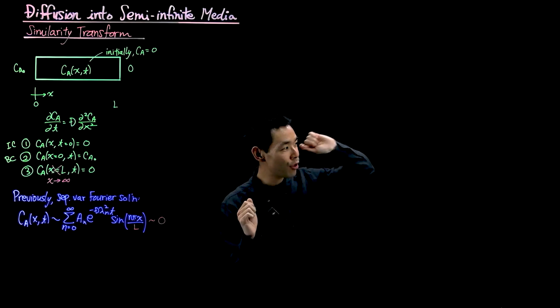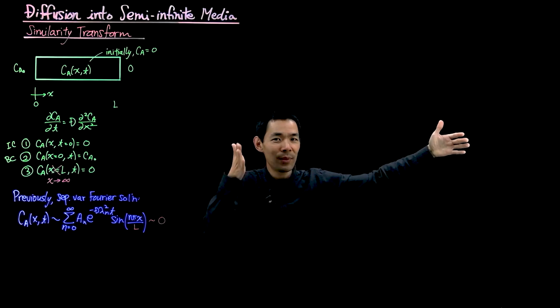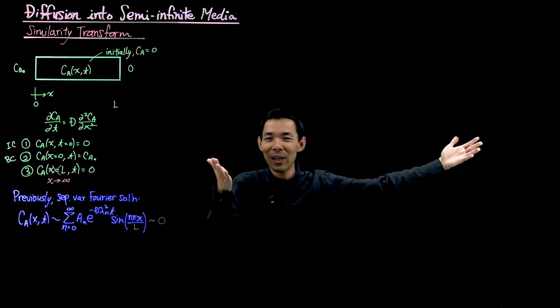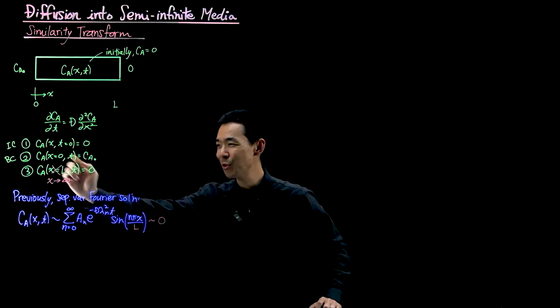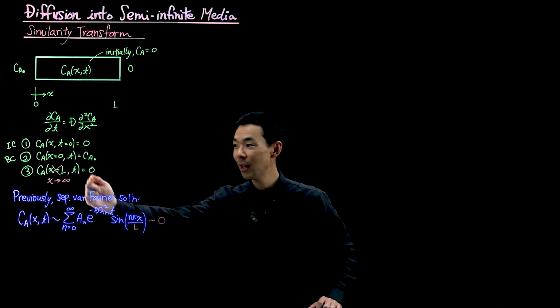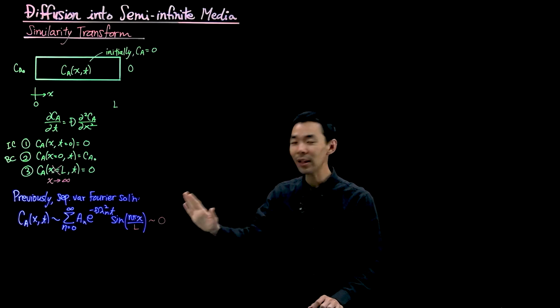As soon as the domain shoots out to infinity, we can no longer have a periodic solution from 0 to infinity. We can't have that. And therefore, this smallest change of boundary conditions makes separation of variables and Fourier series completely unworkable.